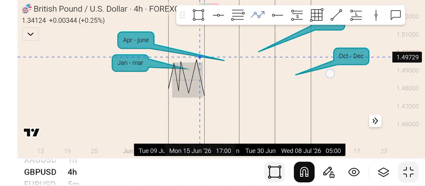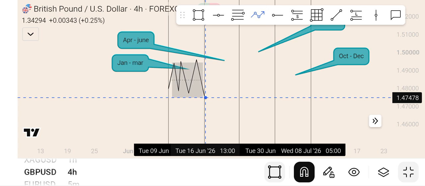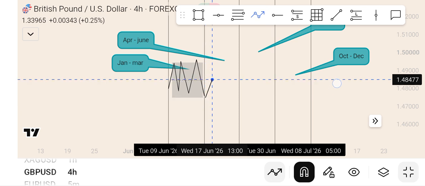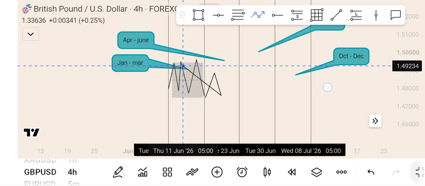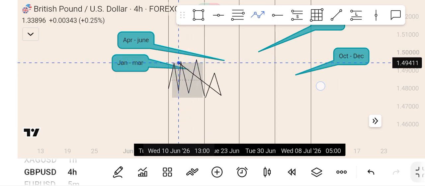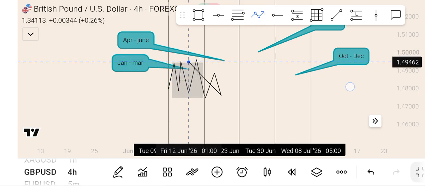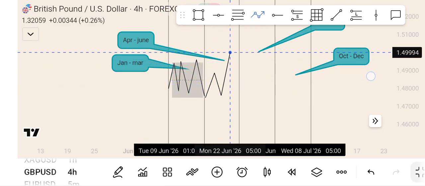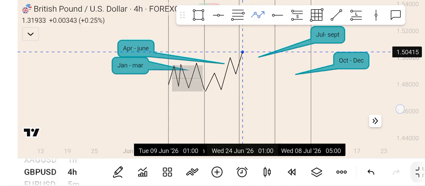Then from April to June, you might see what we call the manipulation phase. In the manipulation, price comes and manipulates the previous quarter's highs. After manipulating, the next quarter is called the distribution.